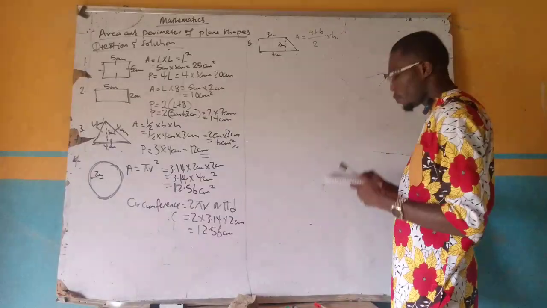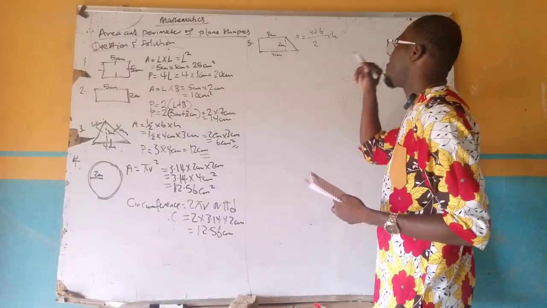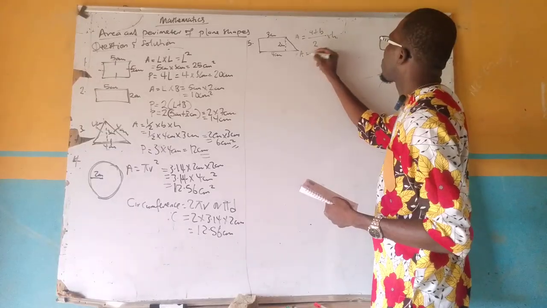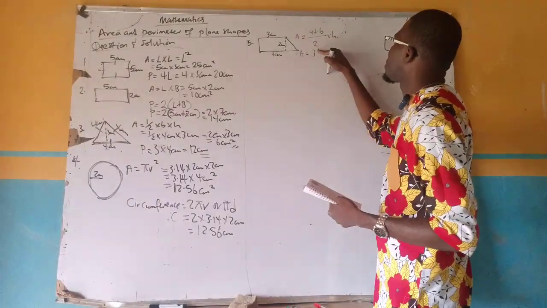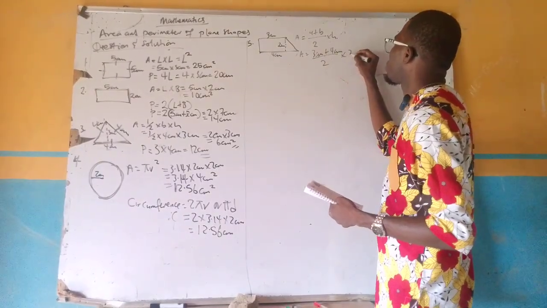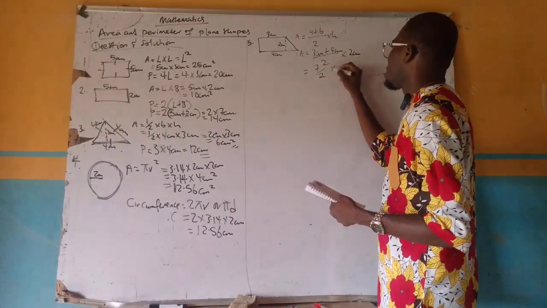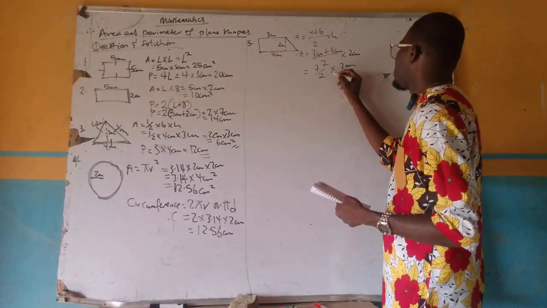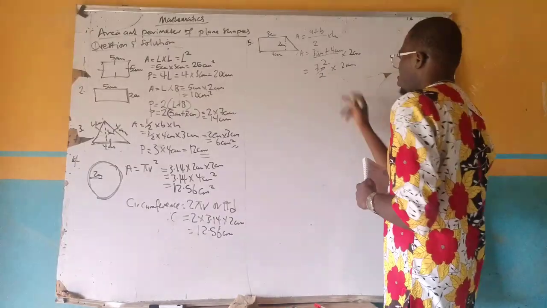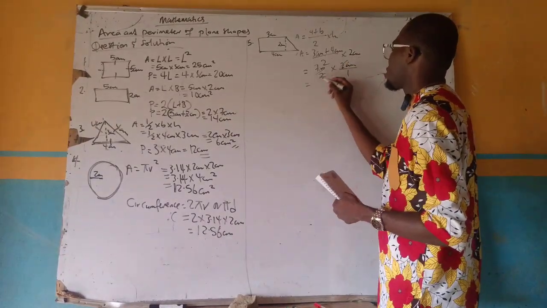So if we are going to solve this, we have a equals 3 centimeter plus 4 centimeter over 2 times 2 centimeter. So 3 plus 4 gives us 7 over 2 times 2 centimeter. Remember this 2 here is under, while this one is on top, so we can cancel out. So our answer is what?